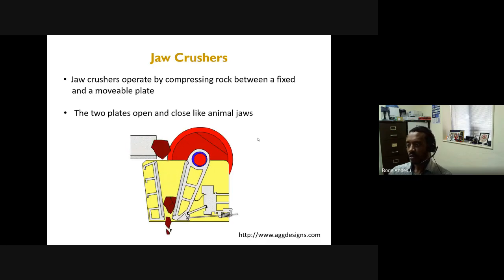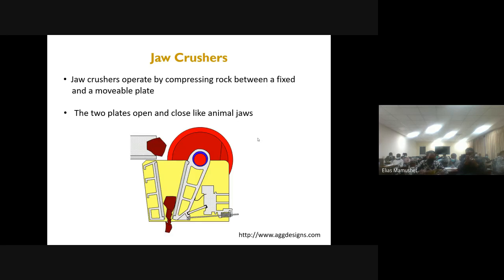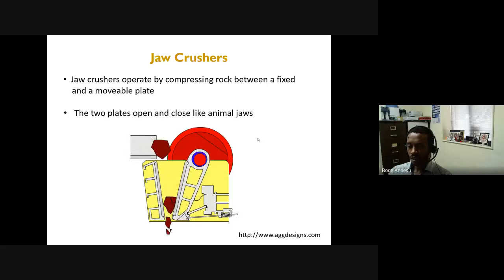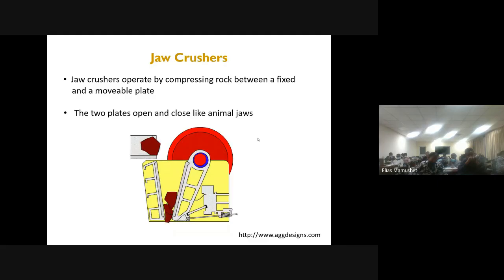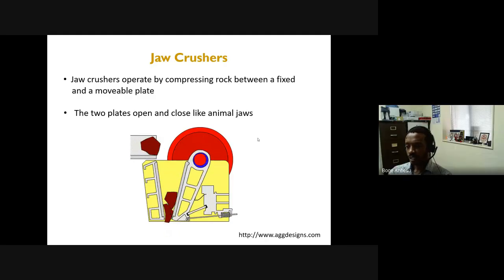Okay, so as the rock comes from the feed, it's smashed against a fixed jaw and will be shattered. Okay, so as I told you earlier, in a jaw crusher anyway, the idea is not producing lots of particles. The idea is just to apply enough compression force to reduce the rock into 4 or 5 pieces. Okay, the idea is not to produce lots of particles here.